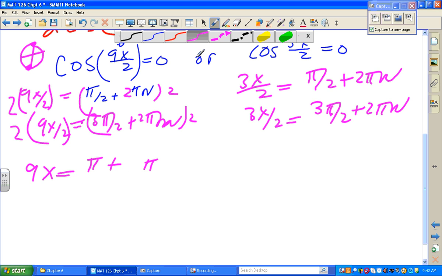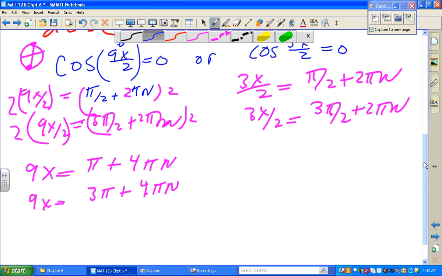I said I could do 2 equations or 1. So right now people are going different routes. I could have 9x equals 3 pi plus 4 pi n. Now I'm going to divide by 9. Very good.